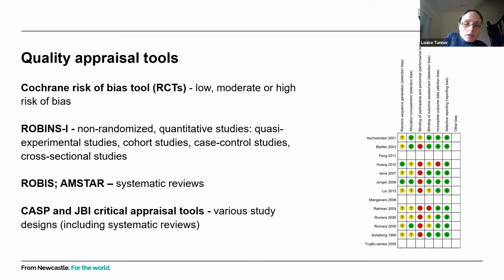The ROBIS tool and the AMSTAR tools are tools for assessing the quality of systematic reviews, and the CASP and JBI critical appraisal tools are another option.